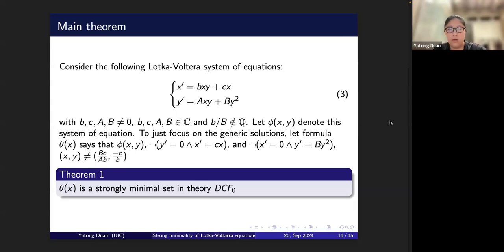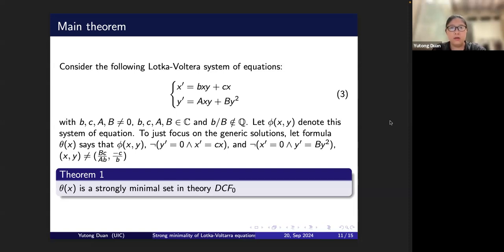By the way, maybe you are wondering why I just write theta of x instead of theta of x, y. You can express y by x and x prime just using the first equation.